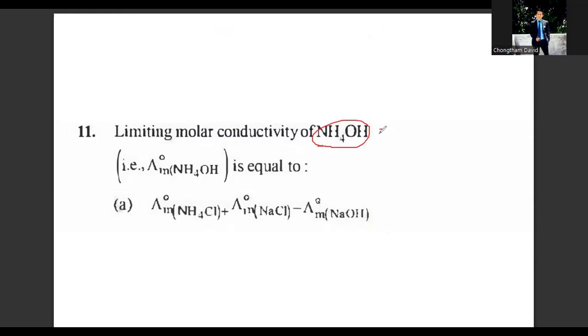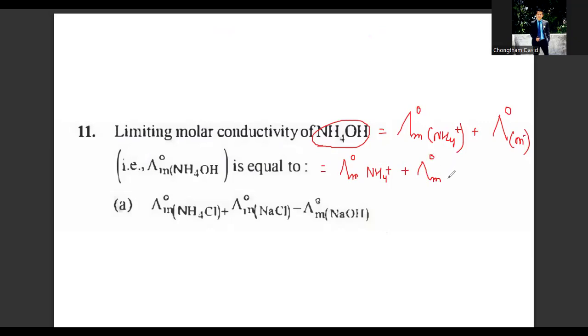So if I dissociate this ammonium hydroxide, I will be getting molar conductance at infinite dilution for the respective ions. Ammonium hydroxide is a weak electrolyte, and Kohlrausch law is a method to determine the molar conductivity at infinite dilution for weak electrolytes. So if I link up with other strong ions, I should be able to find out this molar conductance of weak electrolyte ammonium hydroxide.